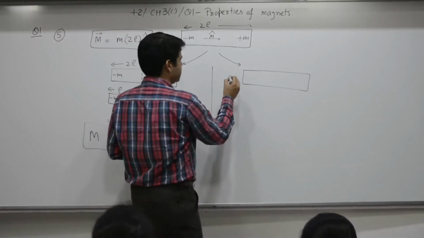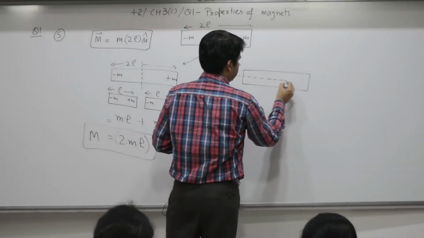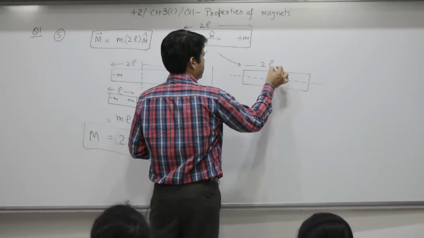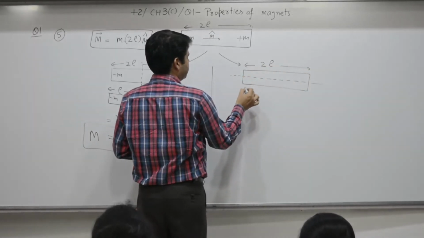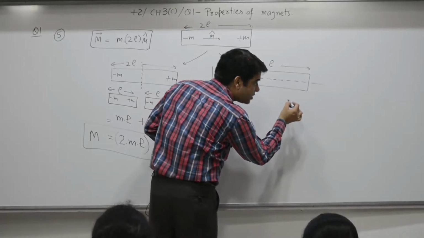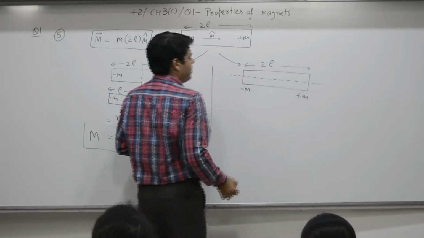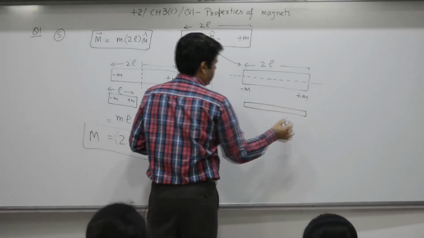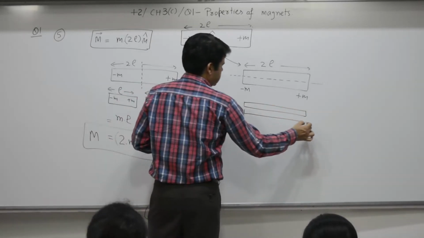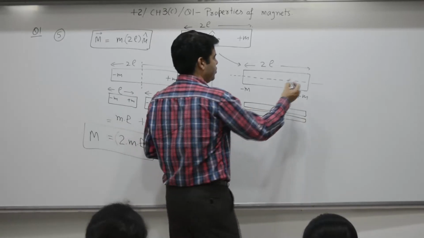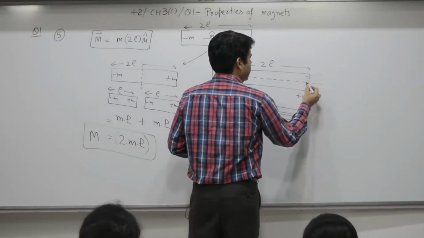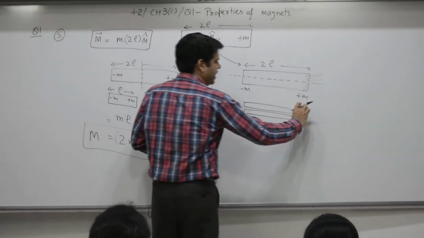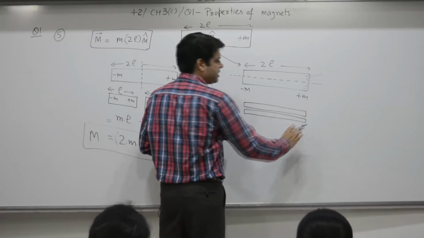If you cut it at the center and parallel to the length, this length is 2L, this is minus m, this is plus m. Now, when you cut in two parts, if there are a total number of lines, 1, 2, 3, 4, 5, 6 lines coming, this will have 3 and this will have 3.